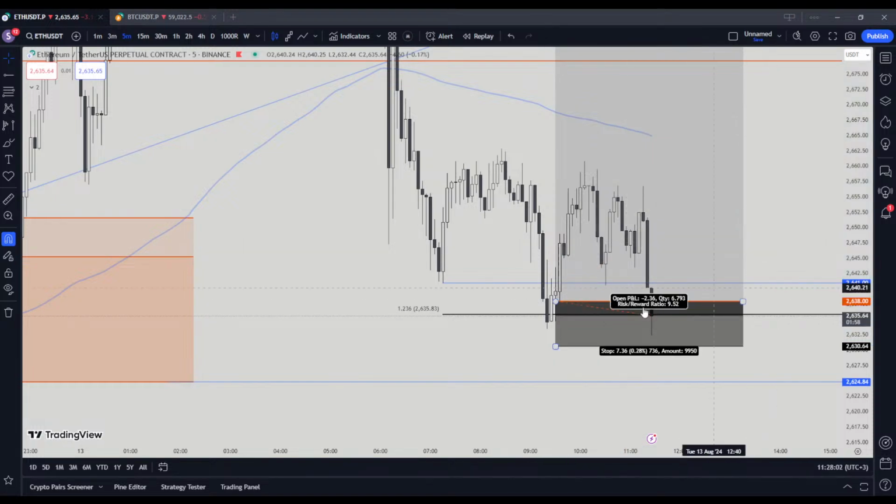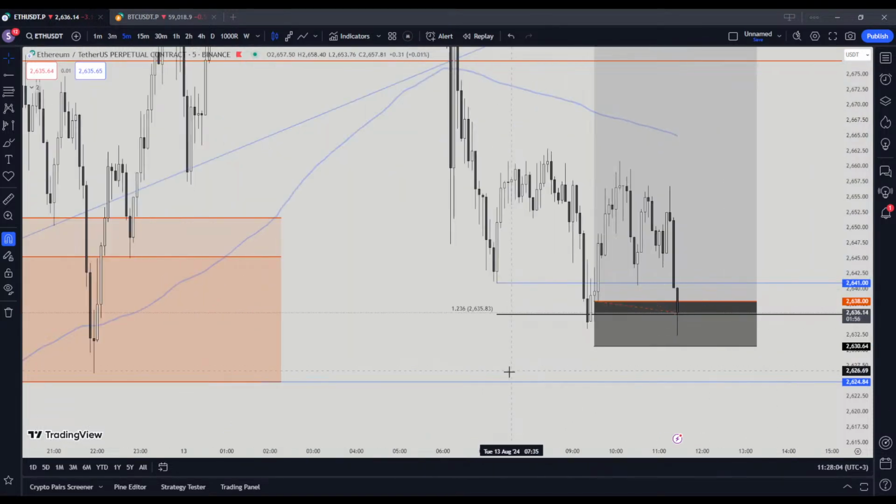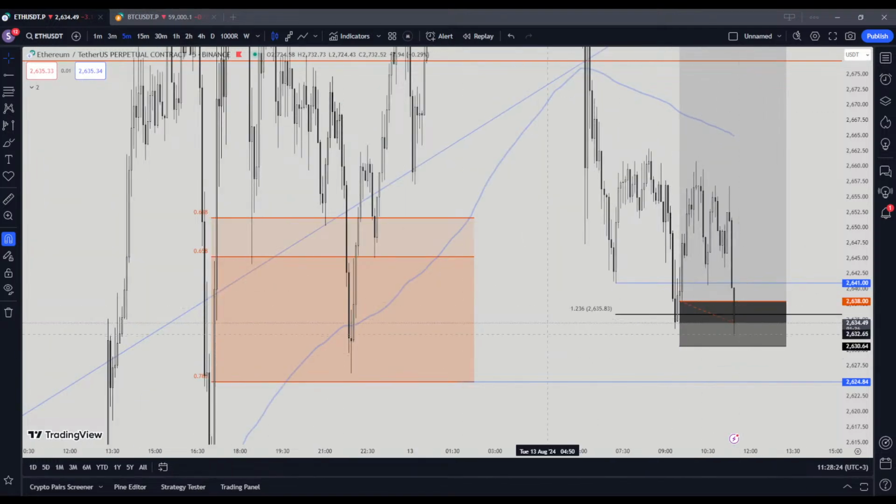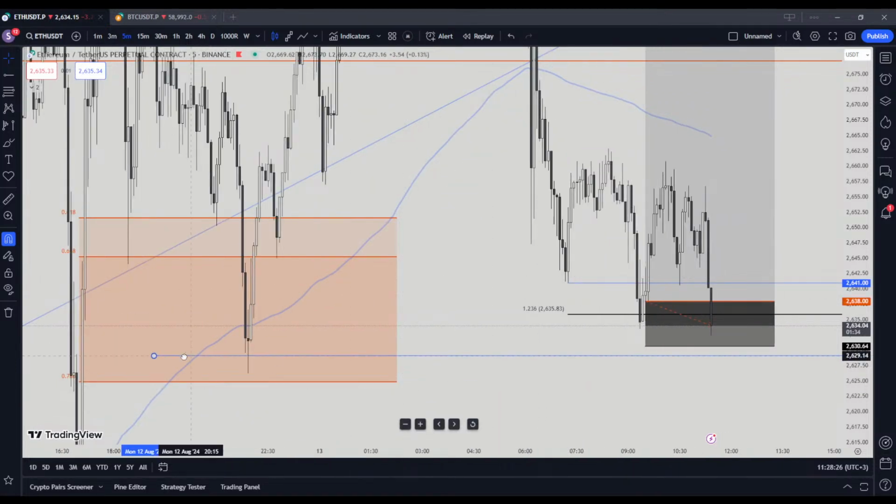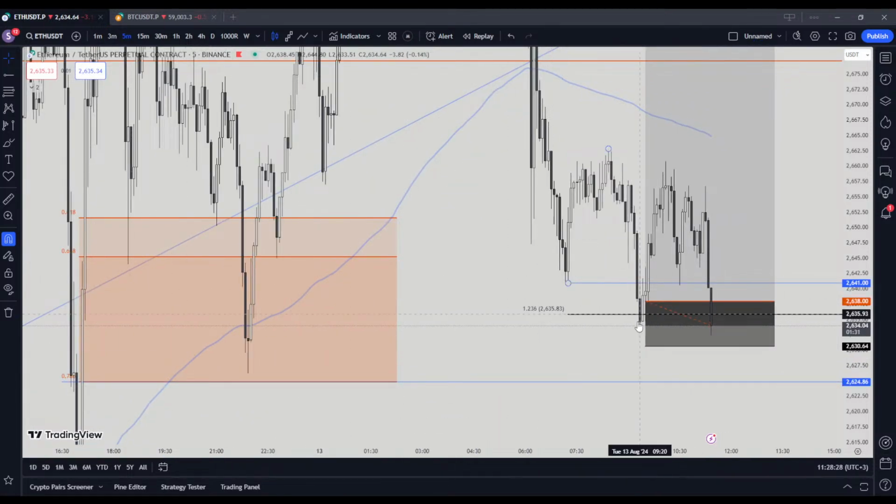Actually, this one can be a good one. Or the price can tap into 78.6 here, sweep this low, and then reclaim. We can have something like that easily.